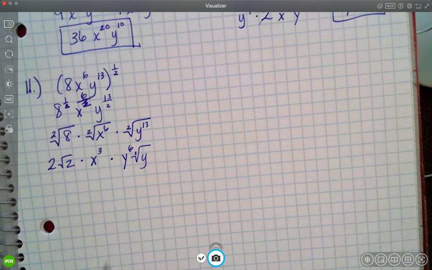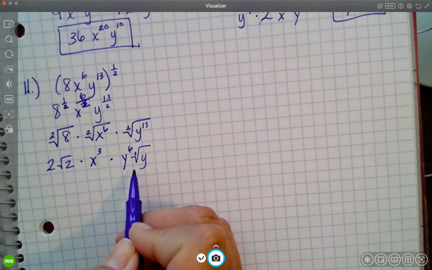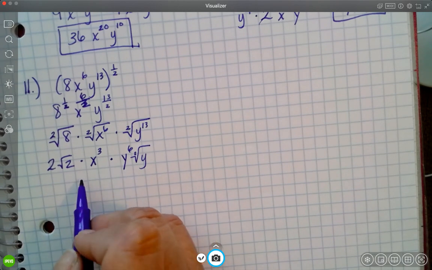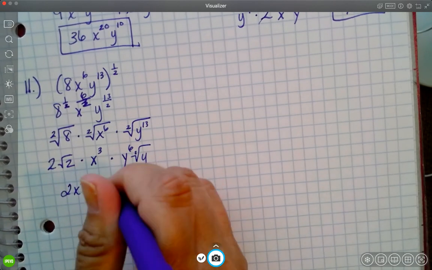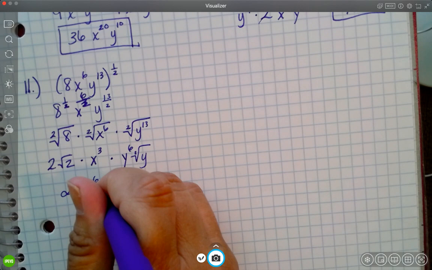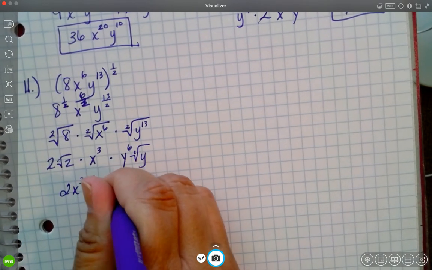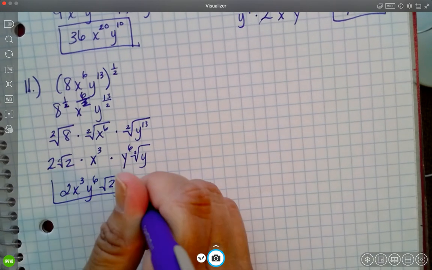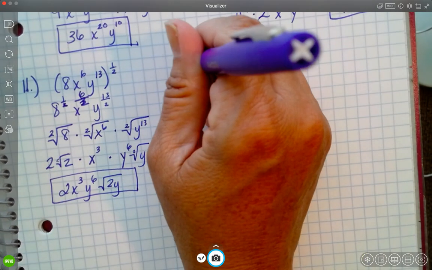Because I have 6 pairs and then the leftover. Okay, so now I can just multiply whatever's on the outside with what's on the outside, whatever's on the inside with whatever's on the inside. So I have 2x to the 3rd, y to the 6th, and then these are both square roots, and then radical 2y. Okay, so this should be your answer for number 11. And you might have just done it a different way. It's okay, as long as you get the same answer.